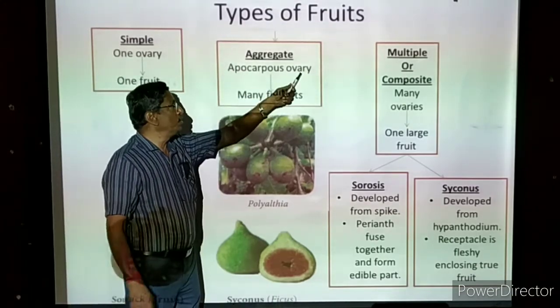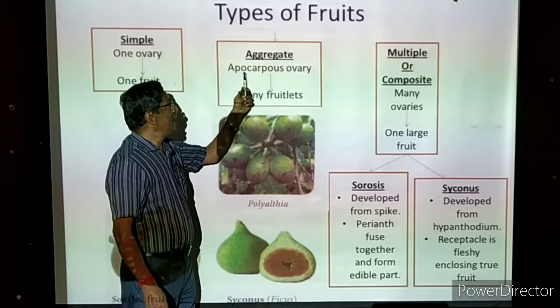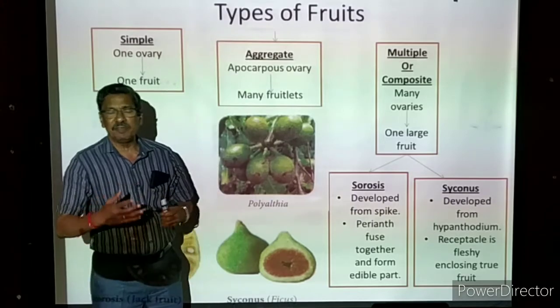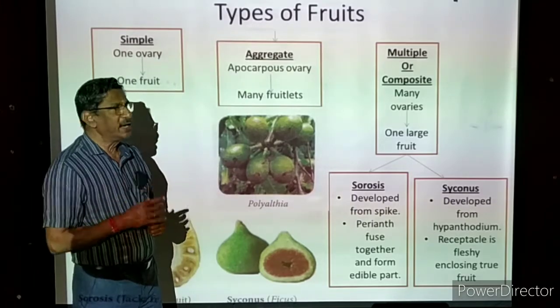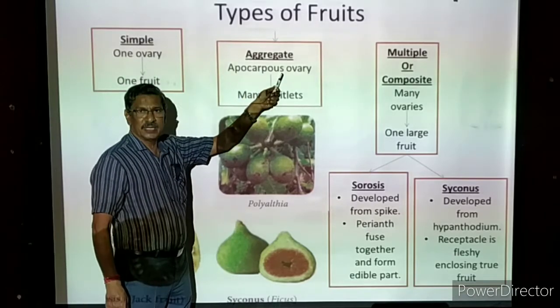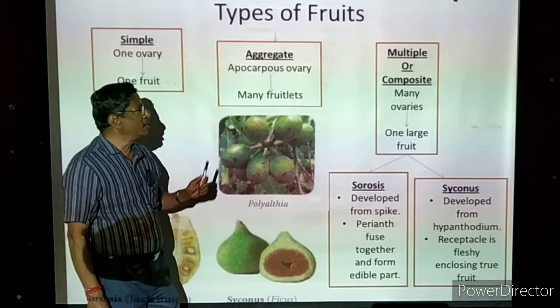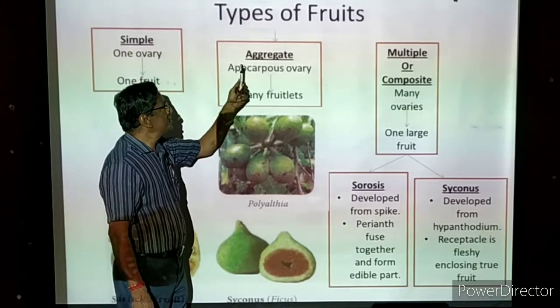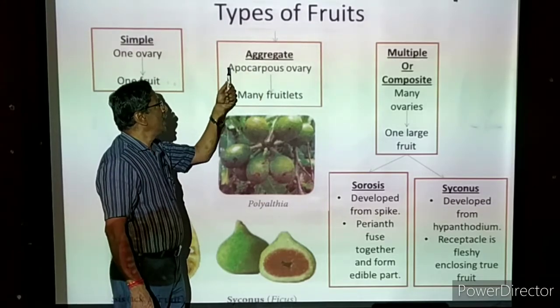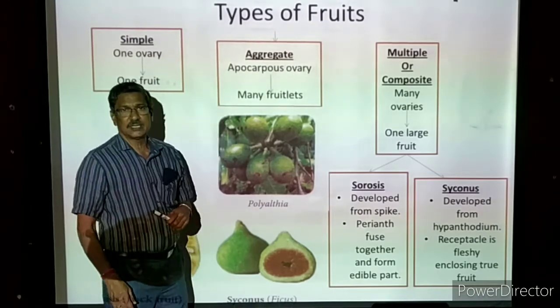Apocarpous ovary, only one ovary. It is not plural, only one ovary. But it is having apocarpous condition. Already we have studied in the previous slide what is the meaning of apocarpous. The ovary is having carpels, and the carpels are free from each other. Such an ovary is called an apocarpous ovary, the ovary with free carpels.